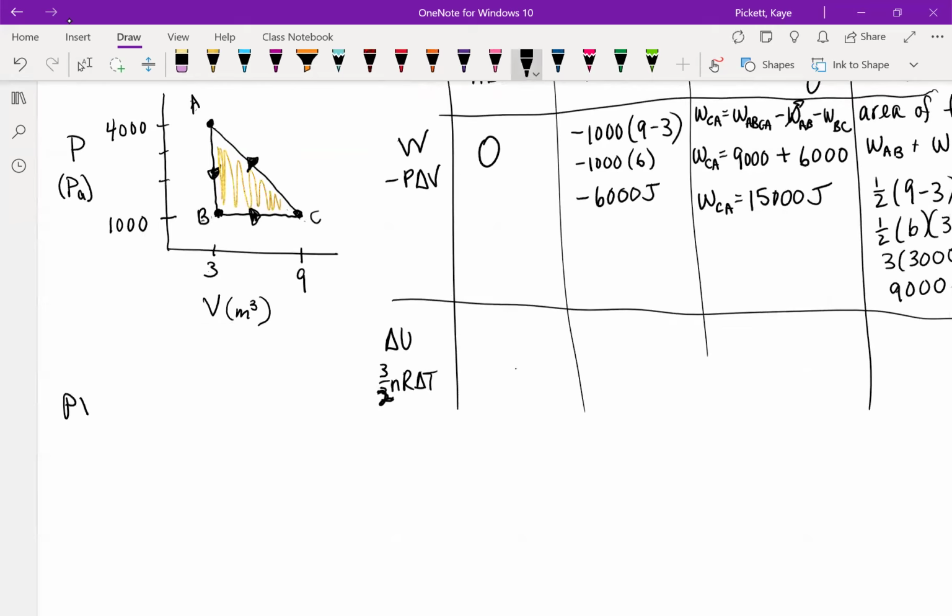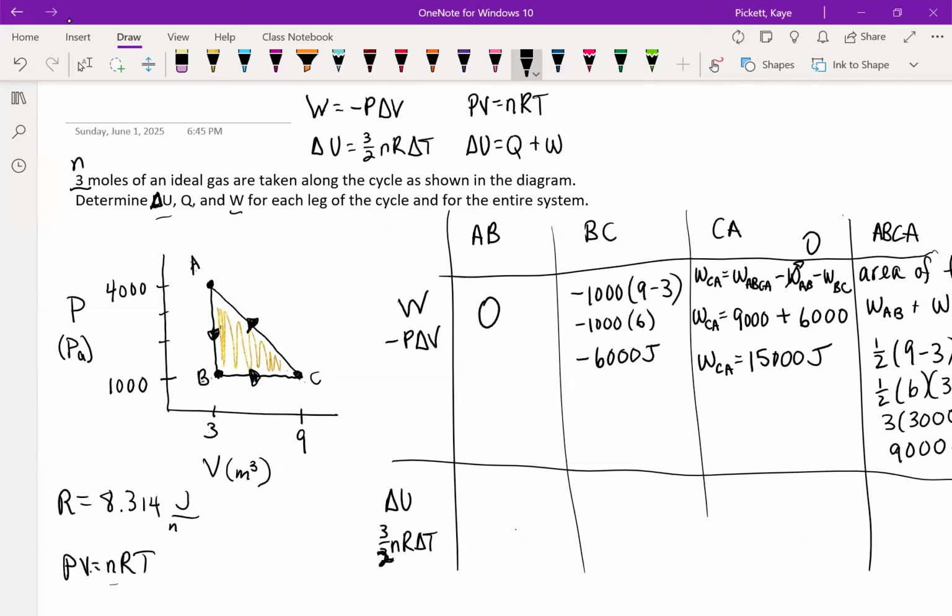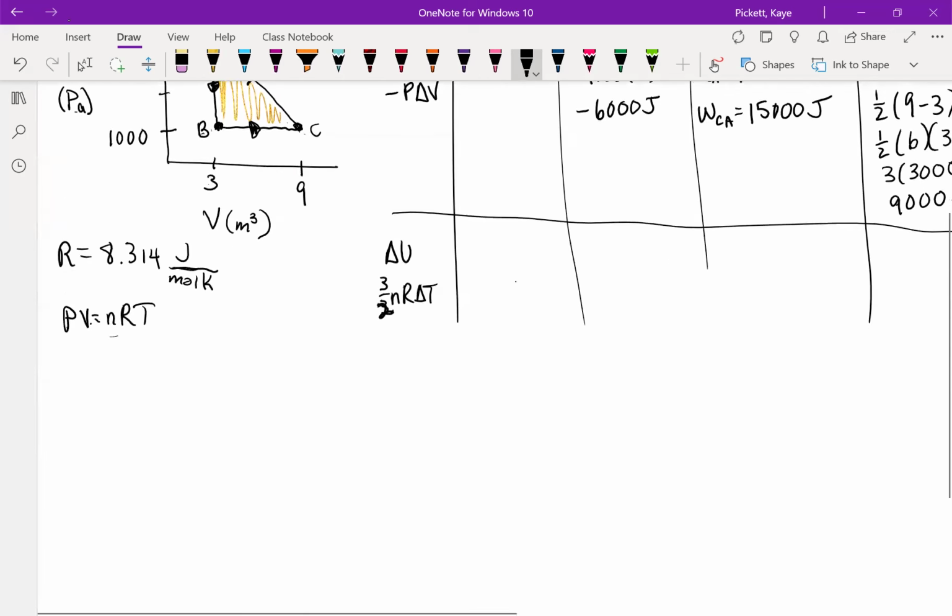PV equals nRT. I know the pressure and the volume at each, and I know that the number of moles is 3, so that's n. And I know that R is 8.314 joules per mole Kelvin. And since I'm in SI units, pascals and cubic meters, I made sure I did that because I wanted my life to be easy. This is going to get me my temperature in Kelvin.